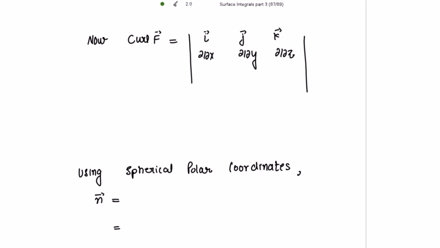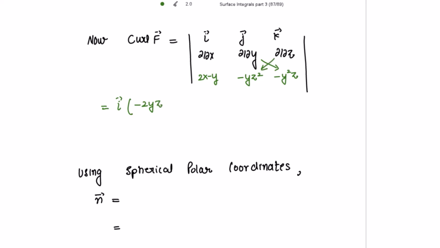Okay, first let's evaluate the curl of f vector. What is the first component of f vector? It is 2x minus y. Then the second component is minus yz square and the third component is minus y square z. So this is i vector. Partial derivative of this with respect to y is minus 2yz.